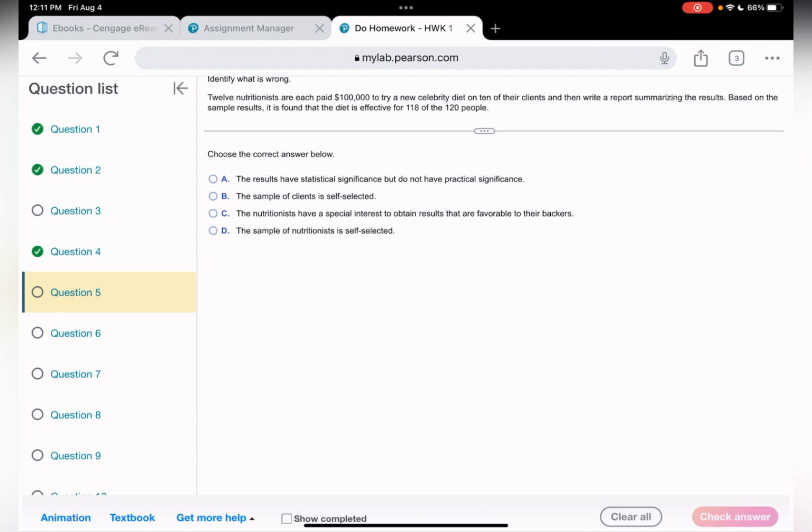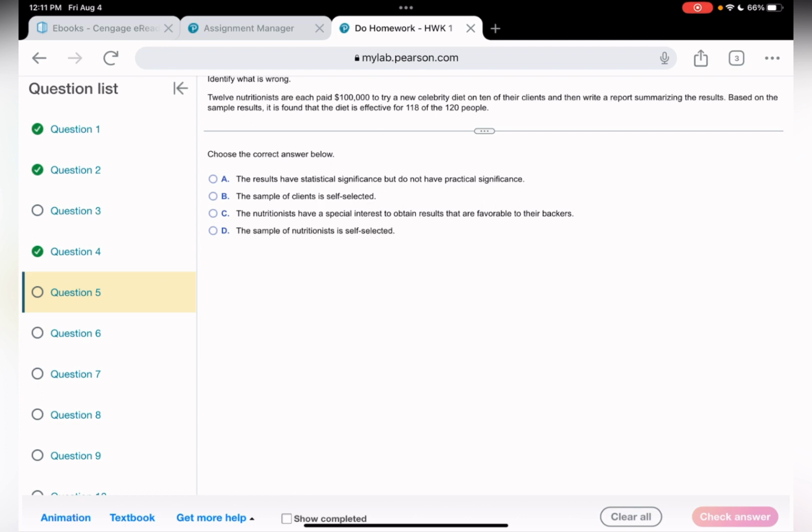Okay. So practically what we have, 12 nutritionists paid $100,000 to try this diet on 10 of their clients. Based on the result, they claim that the diet is effective for 118 out of 120. So let's read it.